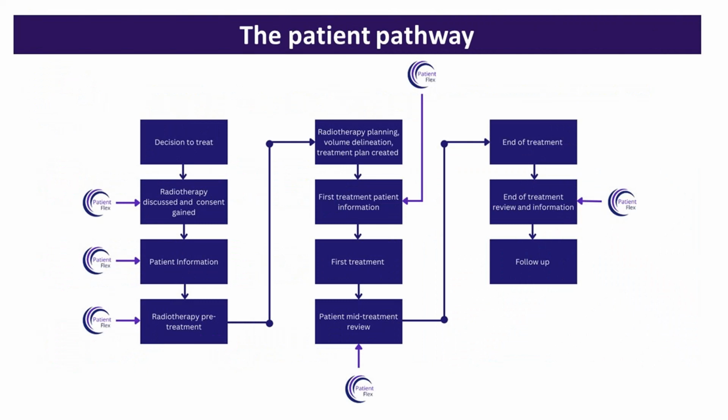So this is the patient pathway. We were thinking about where VERT, Patient Flex or Patient on Demand would sit within the patient pathway, and we very much welcome during the discussion at the end what you think about this. When the patient first receives their diagnosis in the oncology clinic, for example, they may have lots of questions about what radiotherapy is and what it will be like.